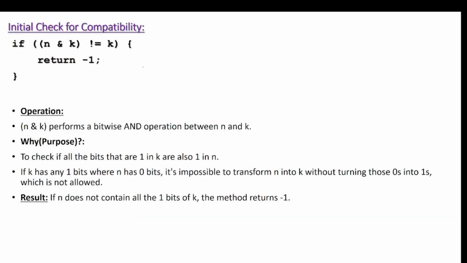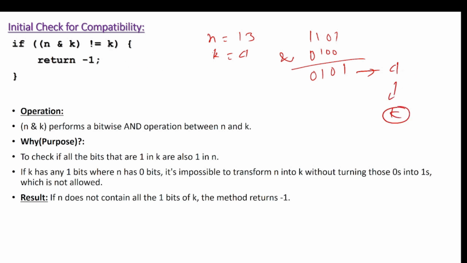So the initial check I was saying: if we have n equal to 13 and k equal to 4, with representations 1 1 0 1 and 0 1 0 0, and we do the AND operator, you get 0 1 0 0, which is nothing but your k. It means we have to make an initial check: if n AND k is not equal to k, then we have to return -1.